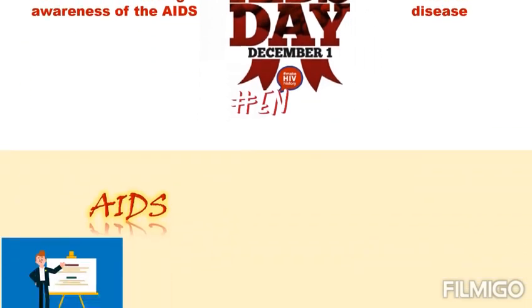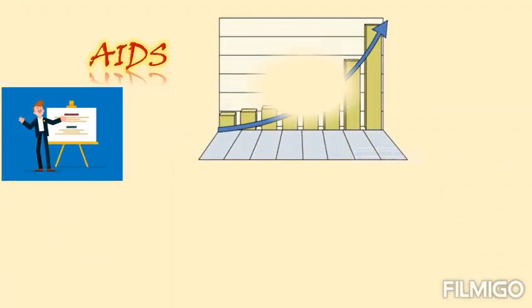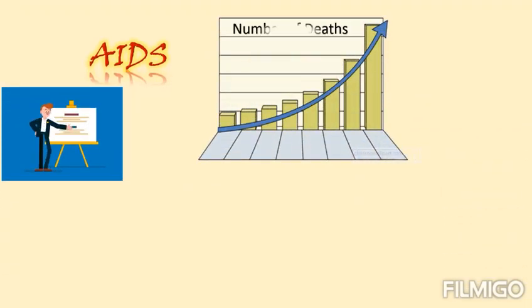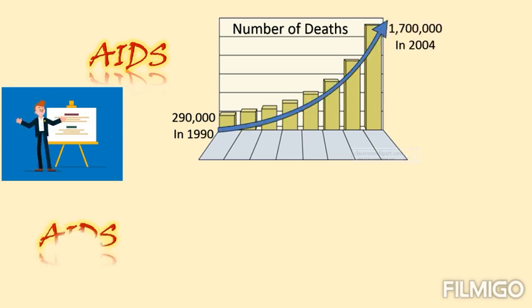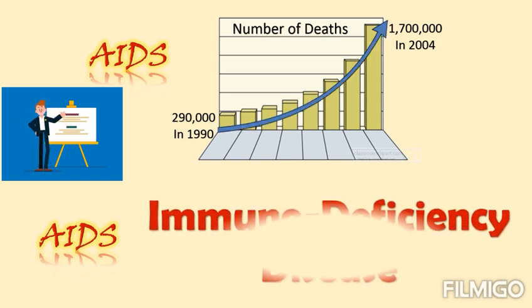Every year, the number of deaths from AIDS increases, from 290,000 in 1990 to 1,700,000 in 2004. So, AIDS was announced as an immune deficiency.